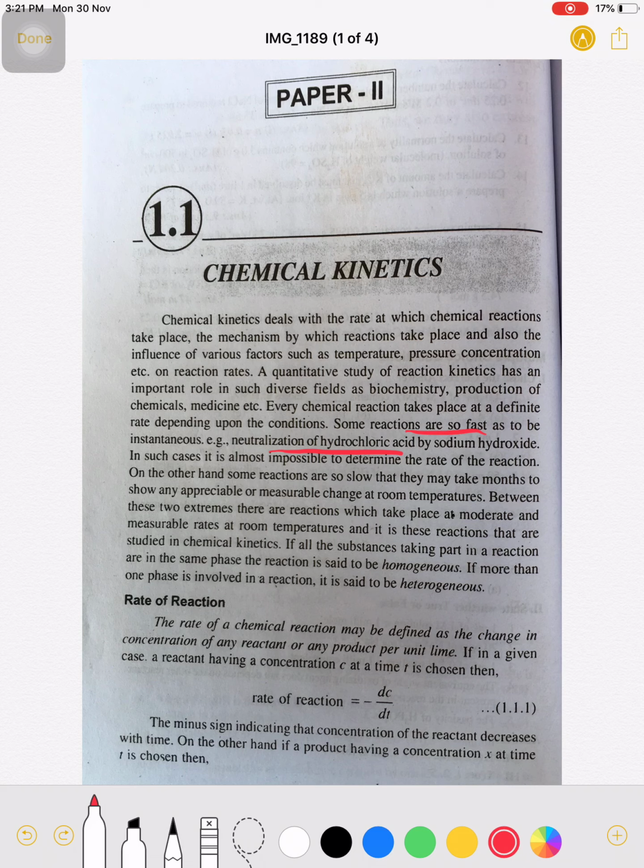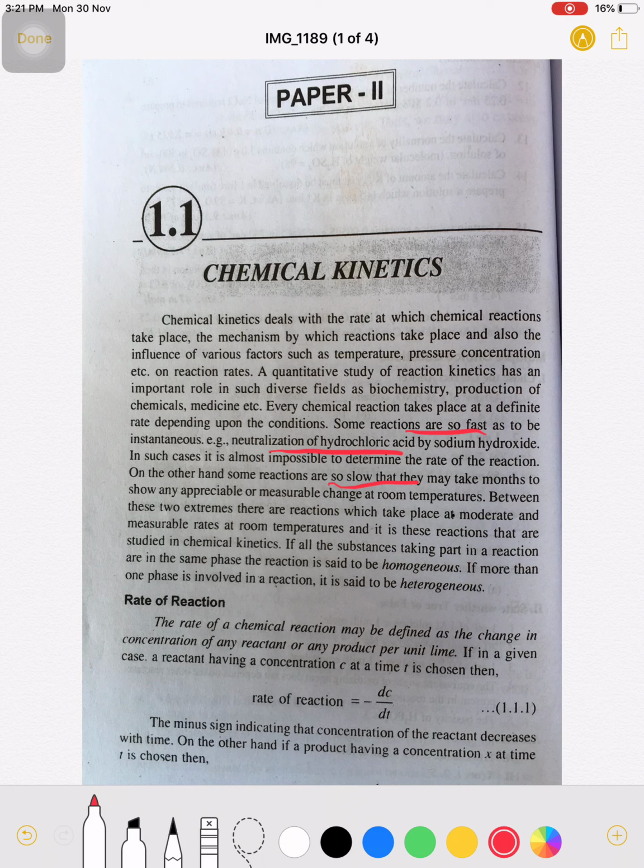In some cases the reactions are so slow that they take months to years to complete into the product. The rate of such reactions also we cannot calculate. So some reactions are so slow, some reactions are so fast.